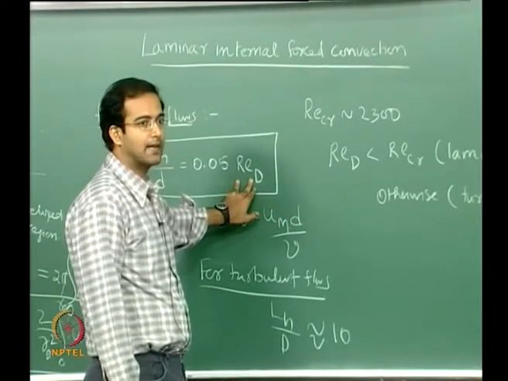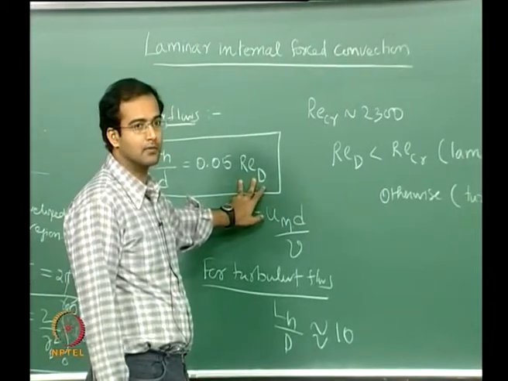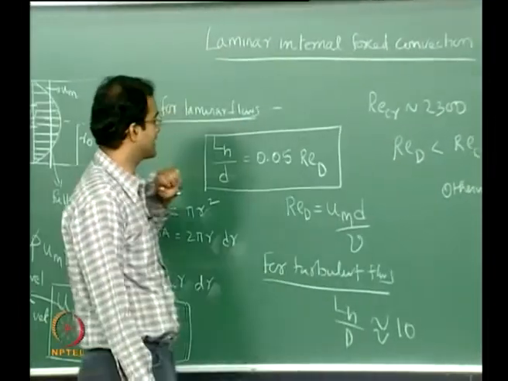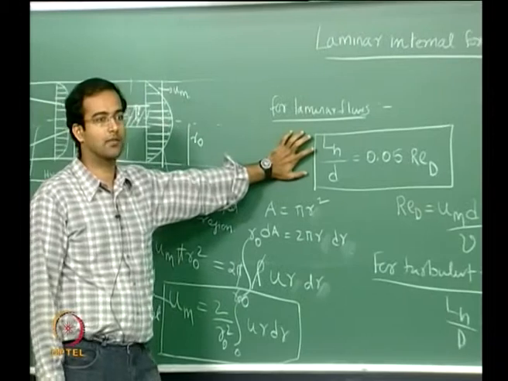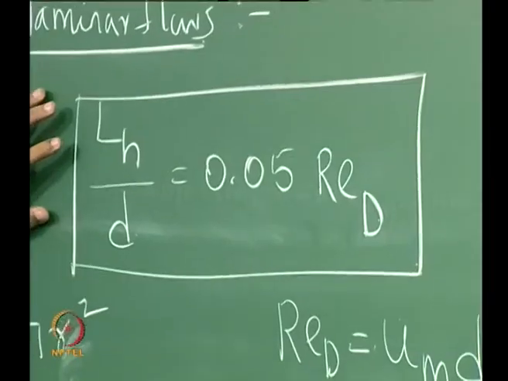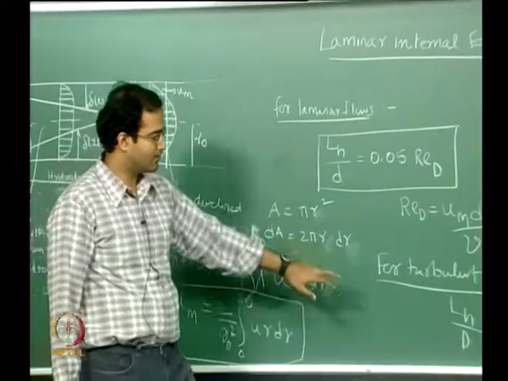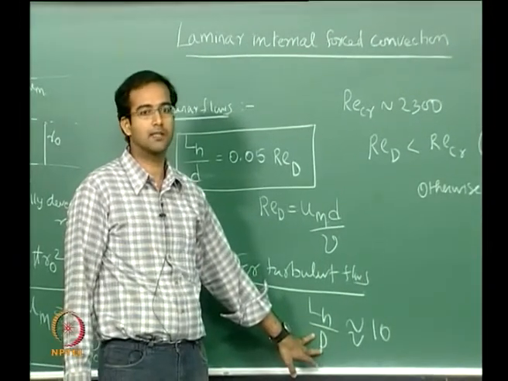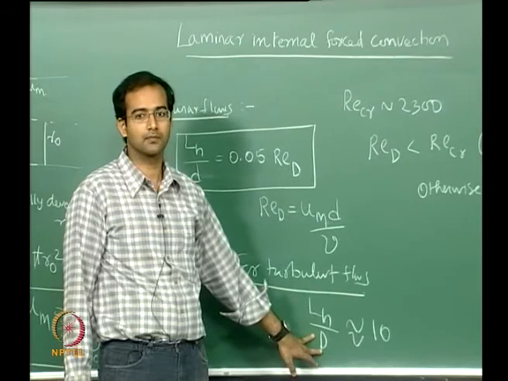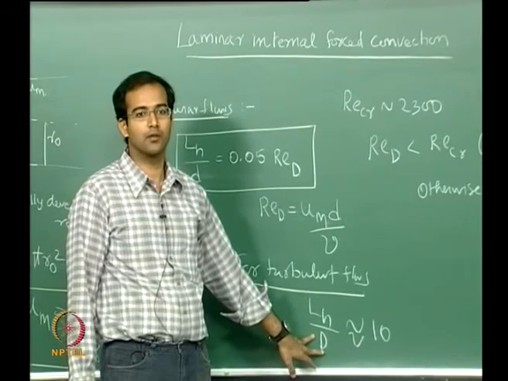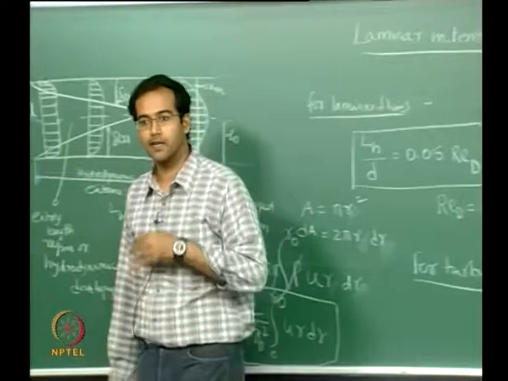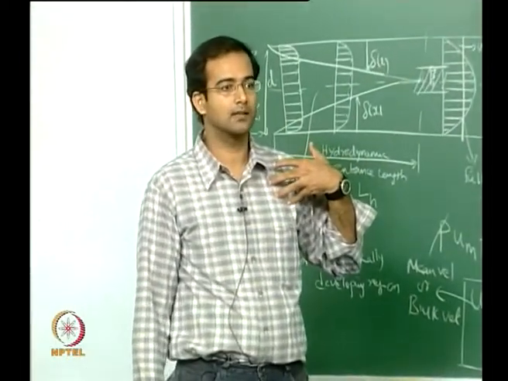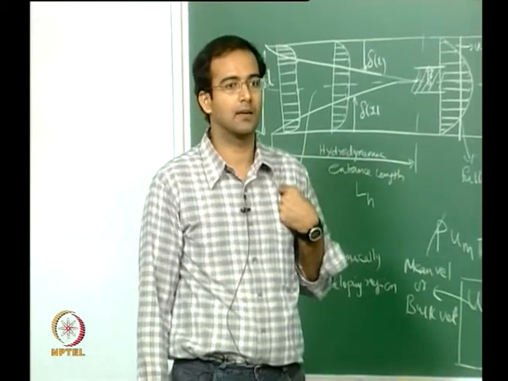If you classify that as a laminar flow, thinking that the flow is still streamlined enough to be classified as laminar, what should be the value of L_H by D? 15. Now in the case of turbulent flows, if the 3000 was turbulent, the L_H by D would be 10. So you can infer that the entrance length for turbulent flows is actually smaller than the entrance length of laminar flows.